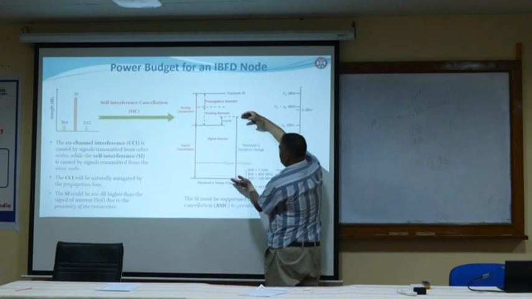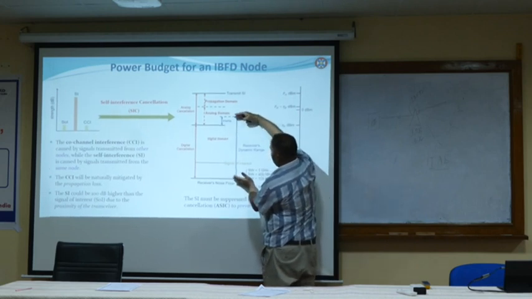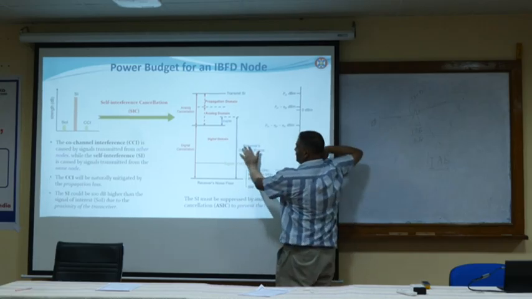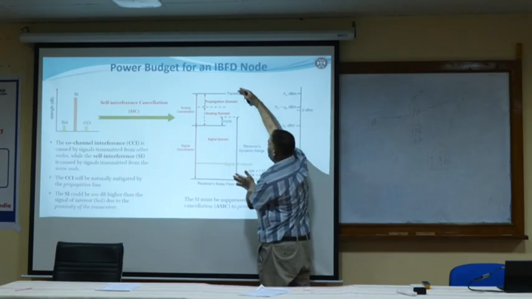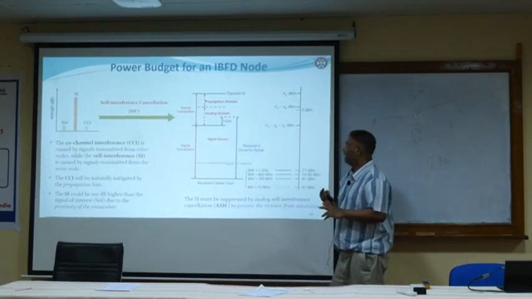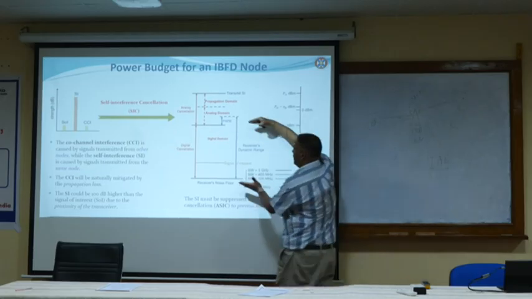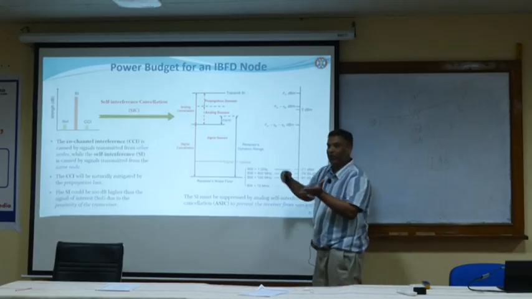Then your self-interference is going to come somewhere here, and the receiver dynamic range is here. What you have to do is bring the self-interference signal below the dynamic range of the receiver, so the receiver won't be saturated.